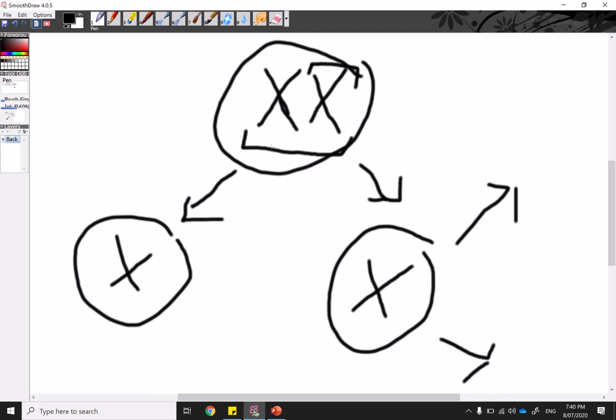So the homologous pairs separate, leaving us with one chromosome in each daughter cell. Okay, so we start with diploid, and we end up with haploid, and this is because we don't see a pair of chromosomes anymore. There's only one. You see one chromosome, no pair. That's why we call it haploid. And so this is meiosis 1, finished.